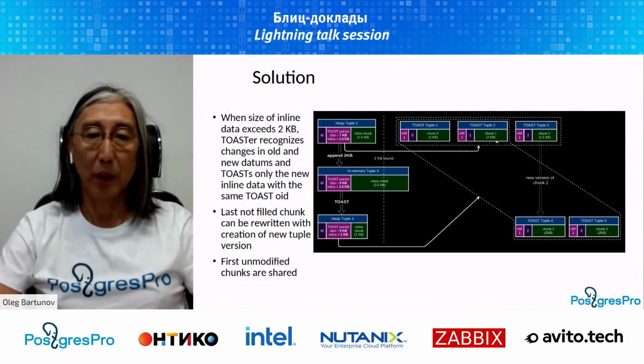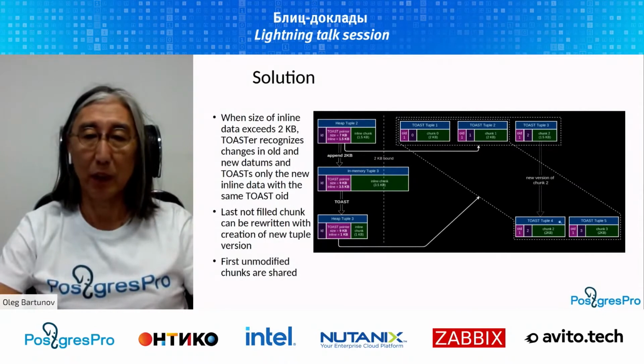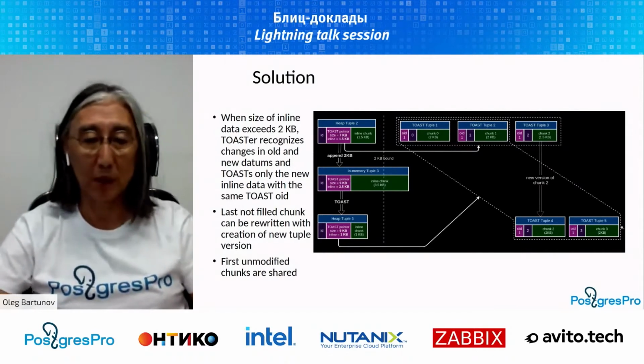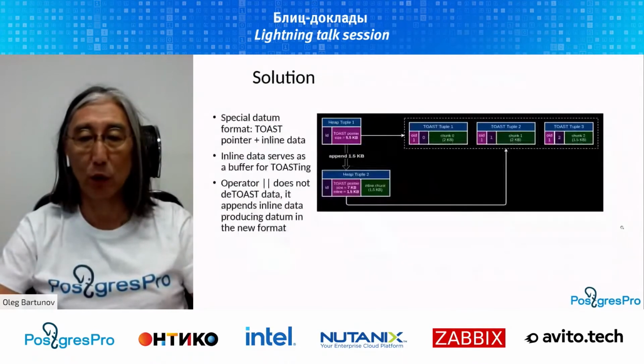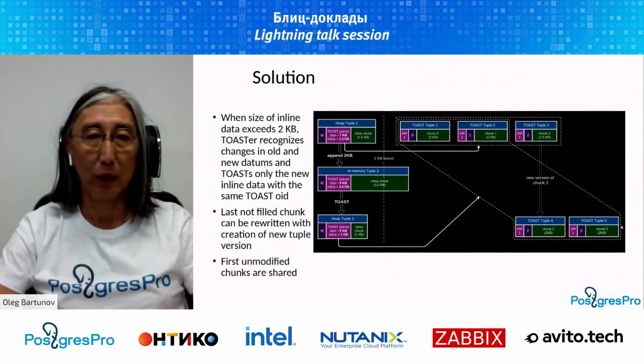And if it's more than 2 kilobytes, then we keep the first 2 chunks, we store them, and the third is modified, which leads to a new chunk appearing. So this way, instead of 4 new chunks, we get 2 new chunks.